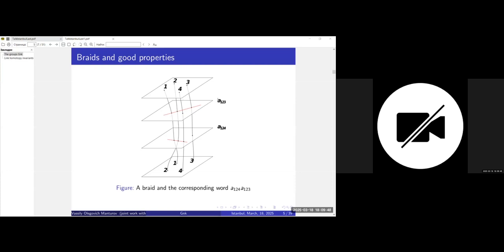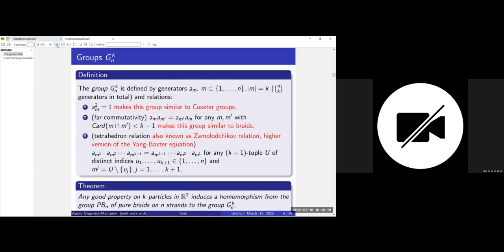A word will be in generators, and generators will have indices, and those indices will correspond to those points which are collinear. So for example, here 1, 2, 3 are collinear, and here 1, 2, 4 are collinear. So having this situation, I will write down the word A_{1,2,3}, A_{1,2,4}. Okay, so this is how I write a word from a braid.